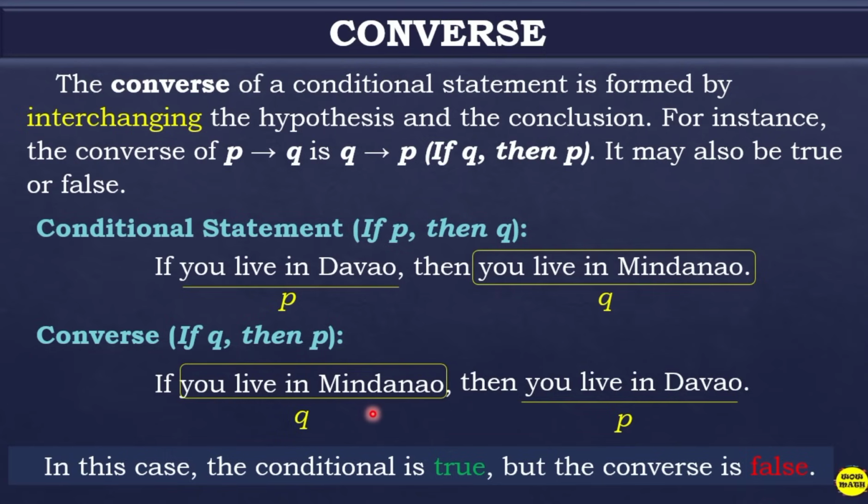If you live in Mindanao, then you live in Davao. This is false kasi there are people who are living in Mindanao but not in Davao. Okay? So, this is false. Okay? So, in this case, the conditional statement is true but the converse is false. So, dapat marunong din po tayo mag-identify if it's true or false.